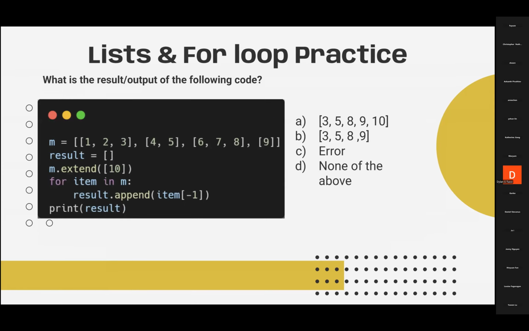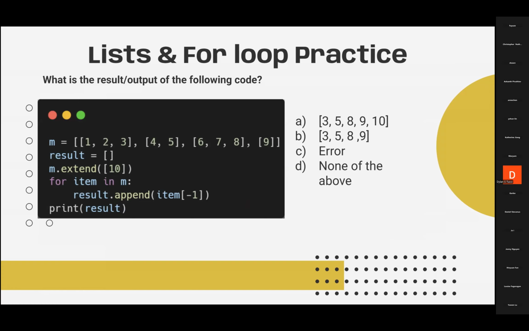Okay, let's go to the next slide. What is the result and output of this following code? M is a nested list and result is an empty list. You extend M with a list that only consists of 10.